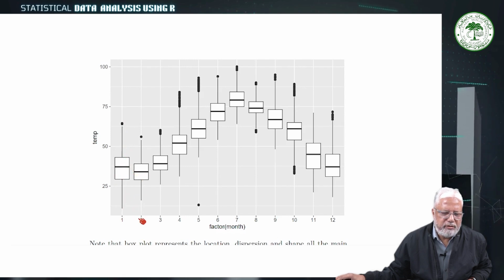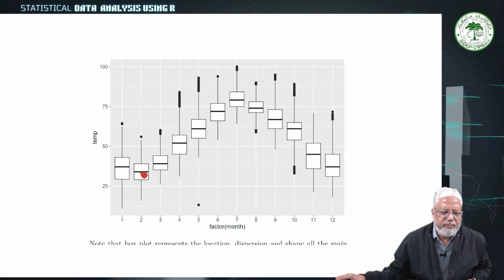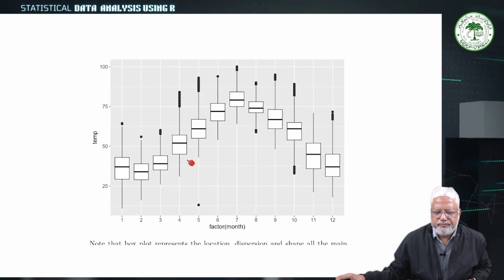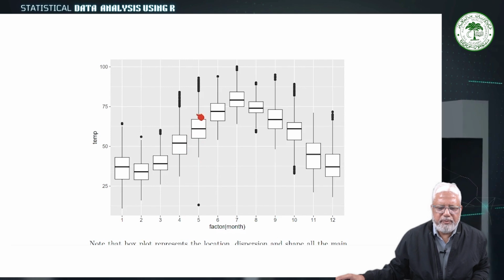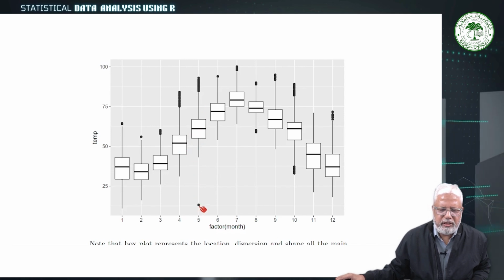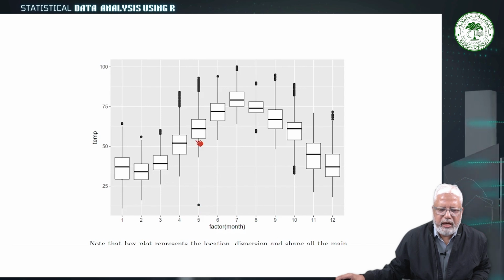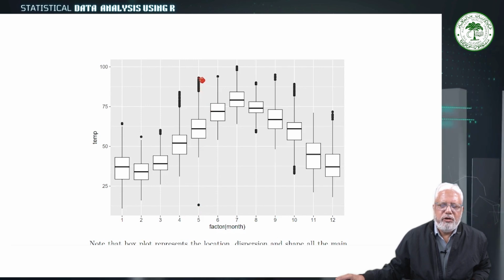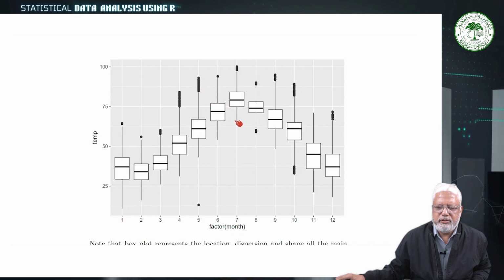Similarly, this is the temperature of February, and here in the month of May we have a very low temperature, and that is an outlier. Similarly here we have some extreme observations which are also termed outliers.